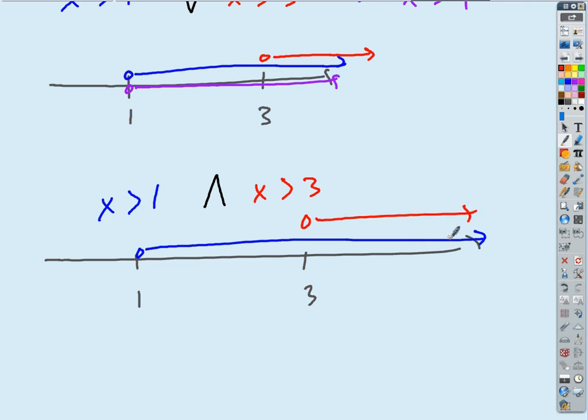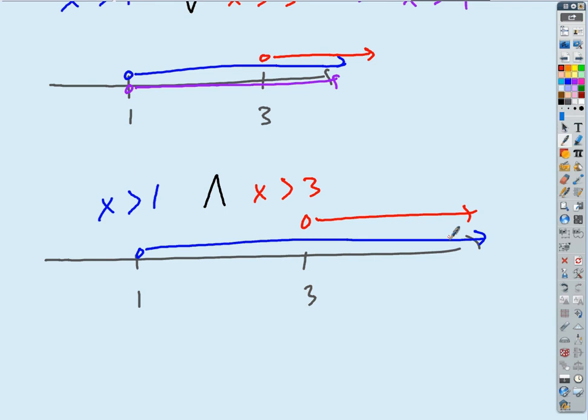Solution to that. Oh, that's the x is greater than 1 and. Right? I mean, that's true. That's what we got. x is greater than 1 and x is greater than 3. But can I simplify that?